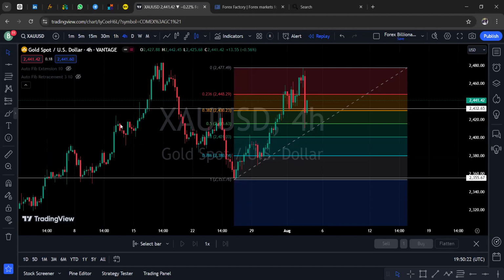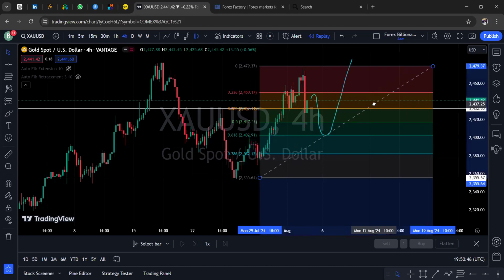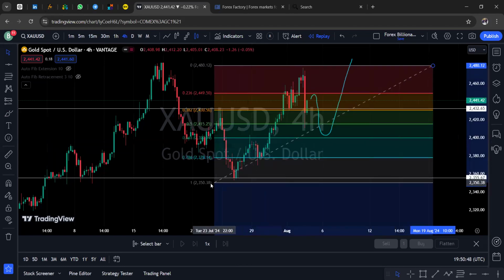Like I said, give me another opportunity, around this area, which is exactly at my 61.8, which is a perfect entry, and then go back up. So I'll wait for the price to get to 61.8. Let me show you where so you can see it properly.